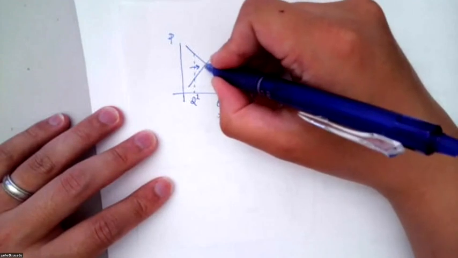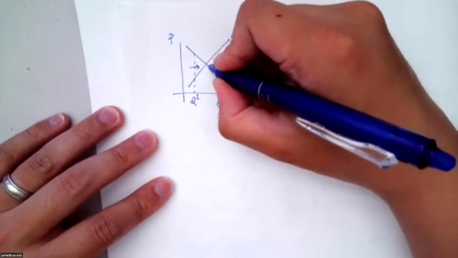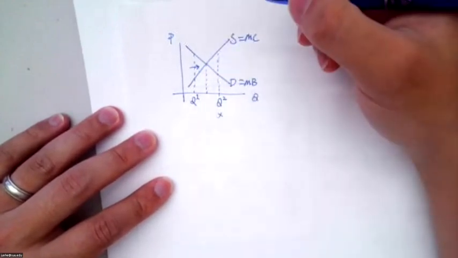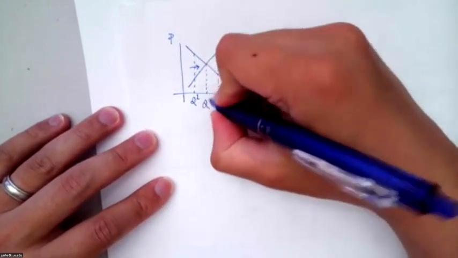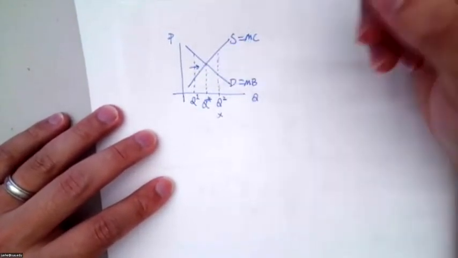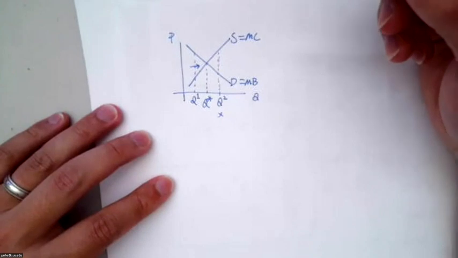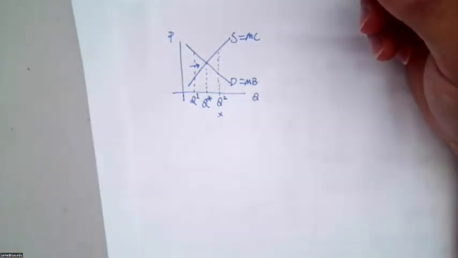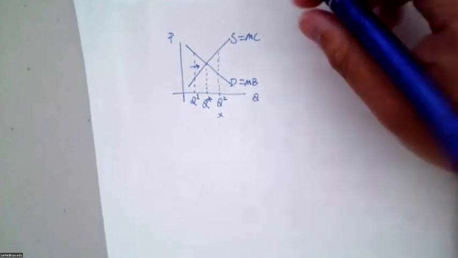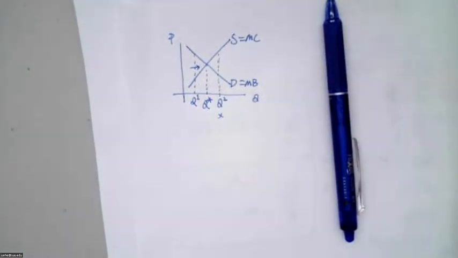We keep expanding our production until this point where marginal benefit meets marginal cost just right. In that case, the total social welfare is maximized, namely the net social benefit is maximized. I hope this explains. Thank you.